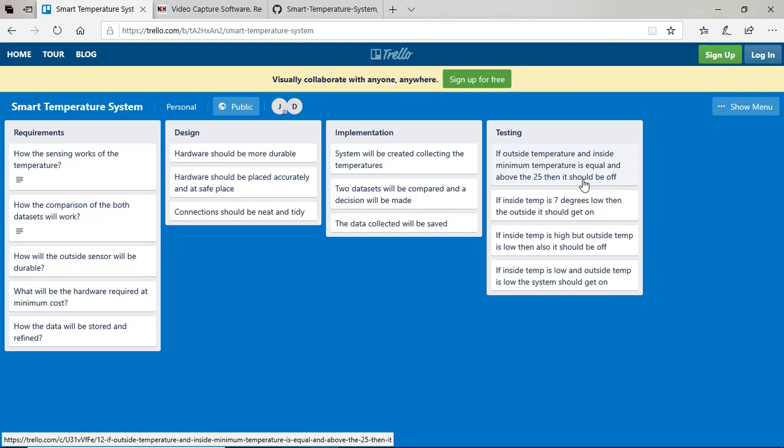So this is all about the testing. We tested this by measuring the temperature outside and inside with other devices, and then checked whether the LED is responding right or wrong.